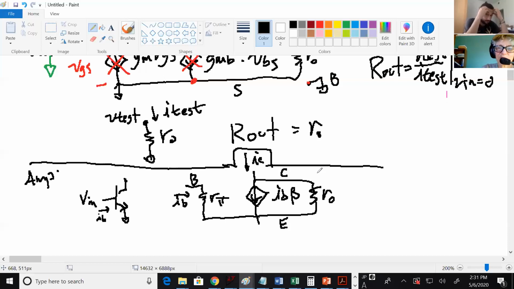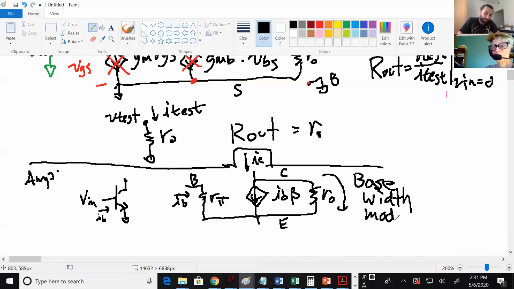RO. Yeah, there's some current coming through over here. So the base current is IB times beta, but then what's this RO represent again? If you had to give it a name. So when you change VCE, there's a little bit of change of current.